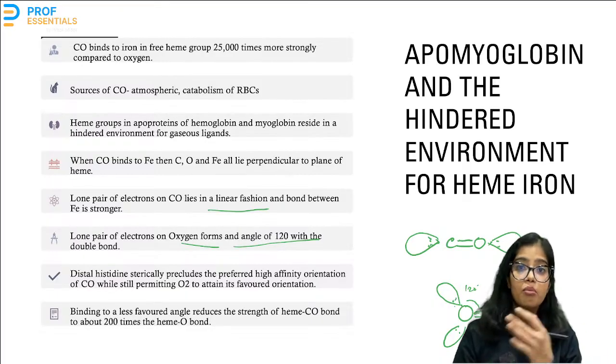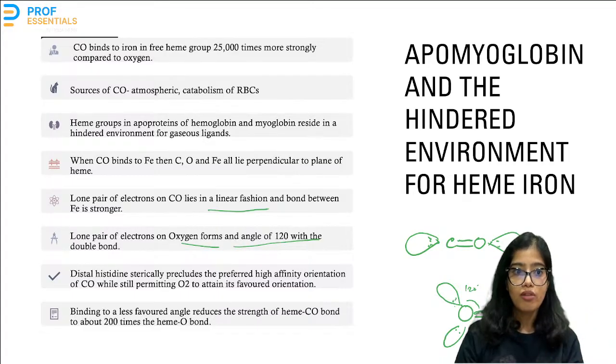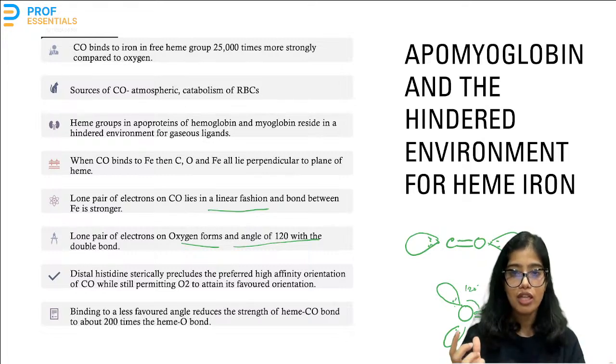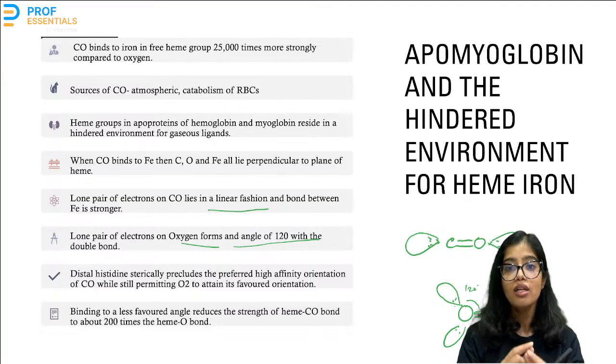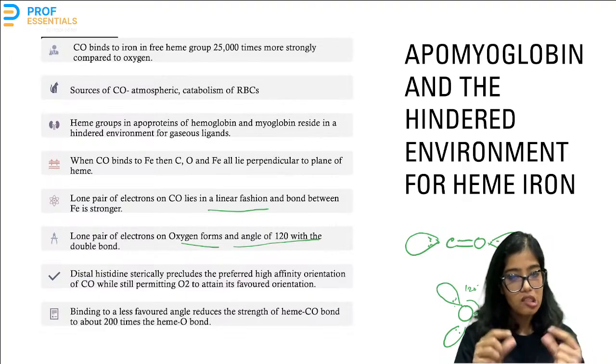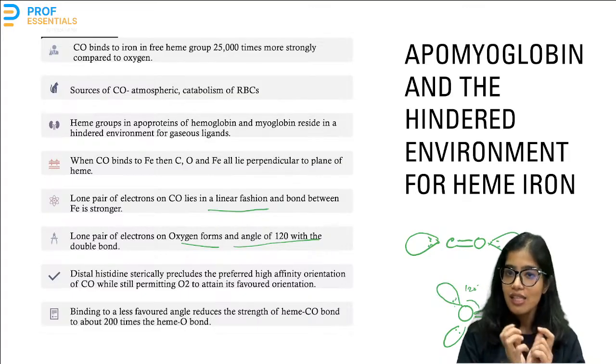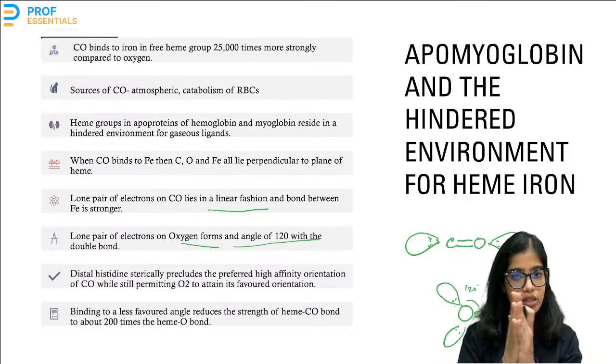Why is it so? Because of the structure of hemoglobin, where there is steric hindrance from the distal histidine E7, and the lone pair of electrons in the carbon monoxide molecule is arranged in a linear fashion to the double bond. So this molecule cannot adjust or form coordination bonds with the ferrous iron, whereas the ferrous atom can easily form coordination bonds with oxygen.